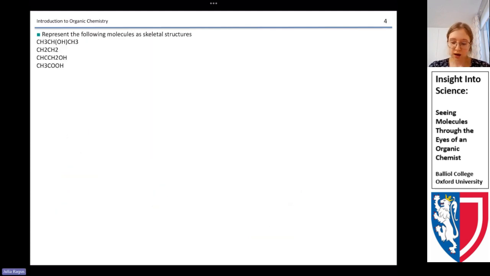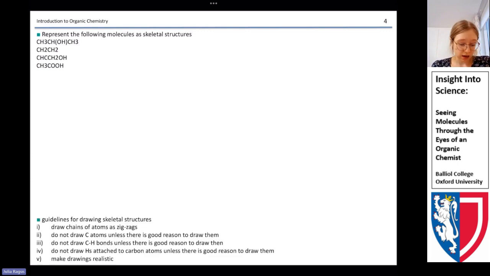So now I would like to give you a small task to represent the following molecules as skeletal structures. It's just going to be 1 minute of you having a think about that. And then we're going to go through all of these. Here are the guidelines for drawing skeletal structures, just as a reminder. And I will go over that in 1 minute.